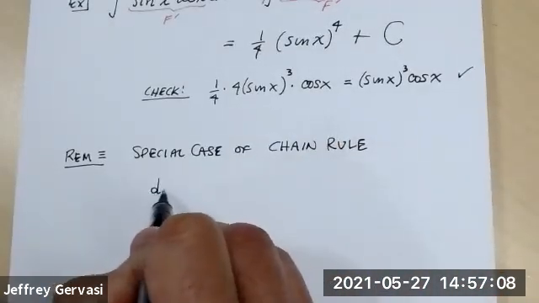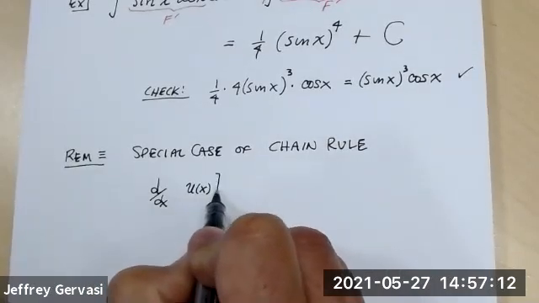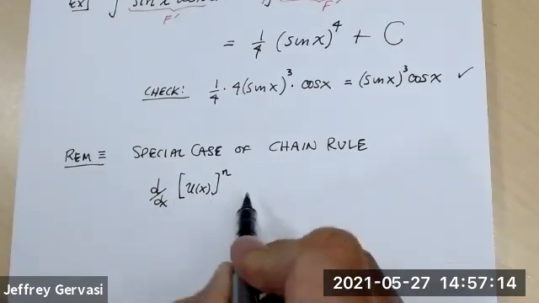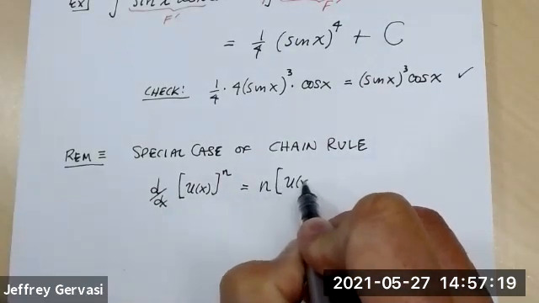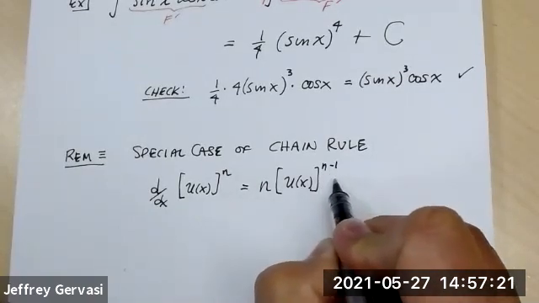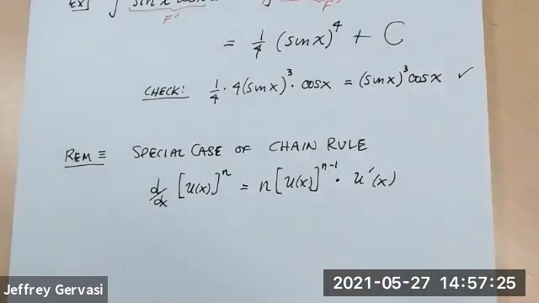If you take the derivative of a function raised to a power, then by the chain rule, that was equal to, you bring the power down in front, subtract 1 from it, and then you multiply it by the derivative of the inside function, like this, okay?